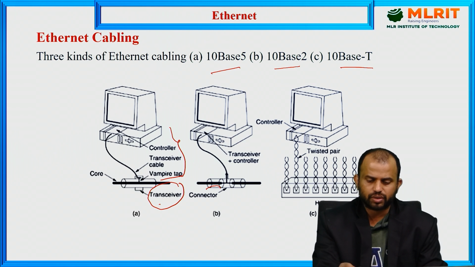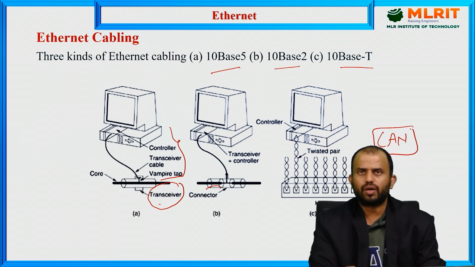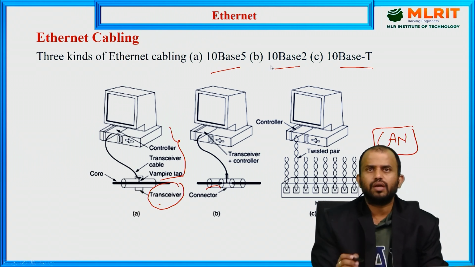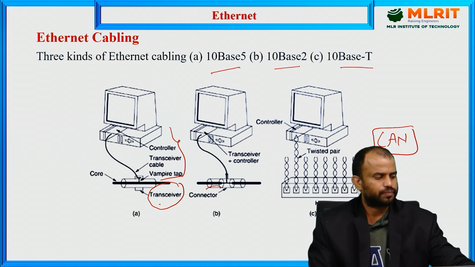Apparently we are using OFC cable to establish this kind of LAN service. That cabling we call 10Base5, 10Base2 and 10BaseT. These things we discussed in the physical layer medium, in chapter 1, under the transmission medium section. We discussed these cabling mechanisms.